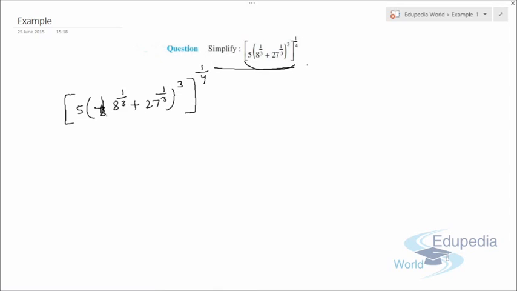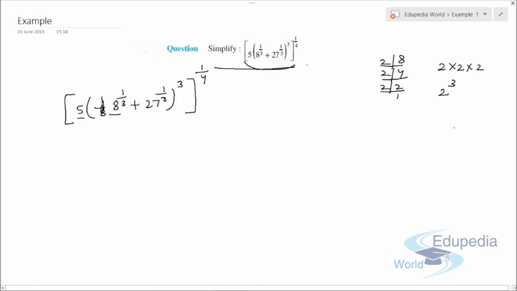Now whenever you have to solve these types of questions, you always have to make the numbers prime numbers. So we can clearly see here 5 is a prime number but 8 is not a prime number, so we can factorize 8. So 8 can be written as 2 into 2 into 2, or 2 raised to power 3.